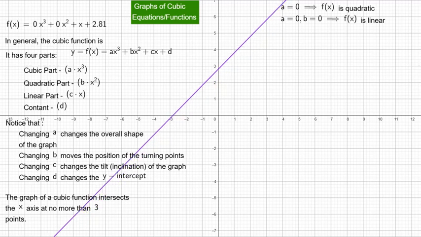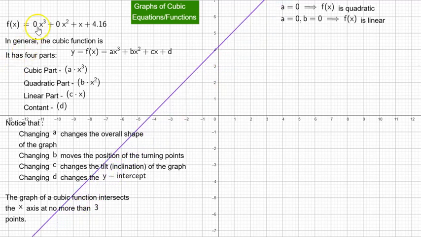Yes. So the point is, if the coefficient of x cube is 0, then it becomes a quadratic, provided of course the coefficient of x square is not 0. If it is also 0, it becomes linear. Okay, I think you got the idea.